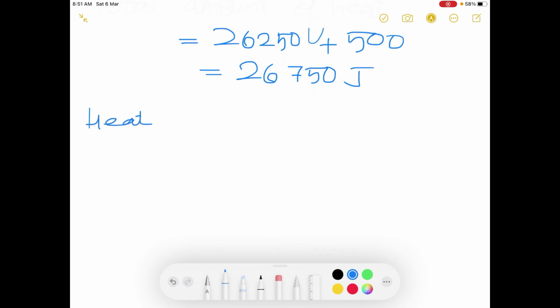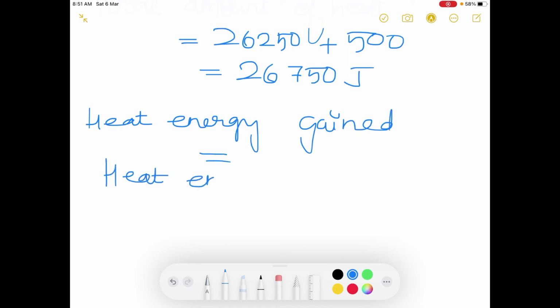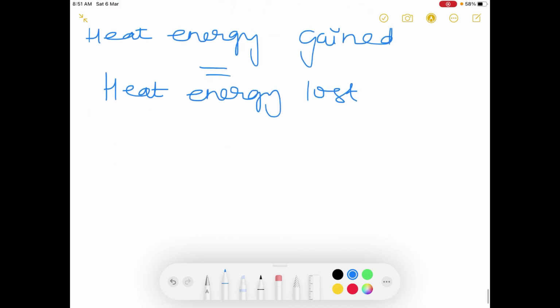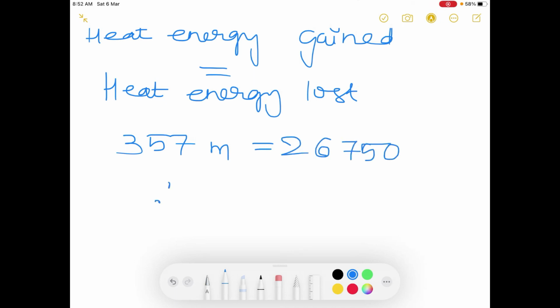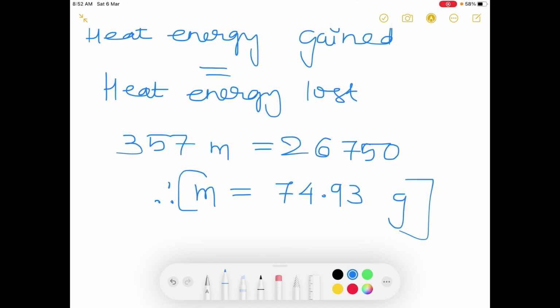So, heat energy gained will be equal to heat energy lost. But these values મૂકી દઈએ. Therefore, it is equal to 357 M will be equal to 26,750 joule. Therefore, M will be equal to 74.93 gram. This much of ice will be required.